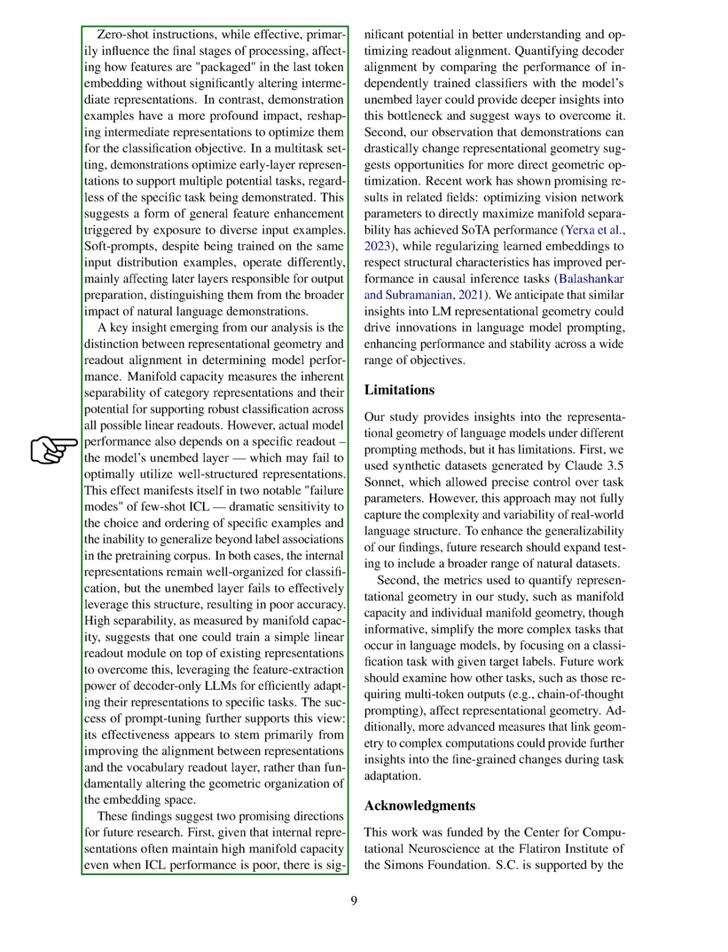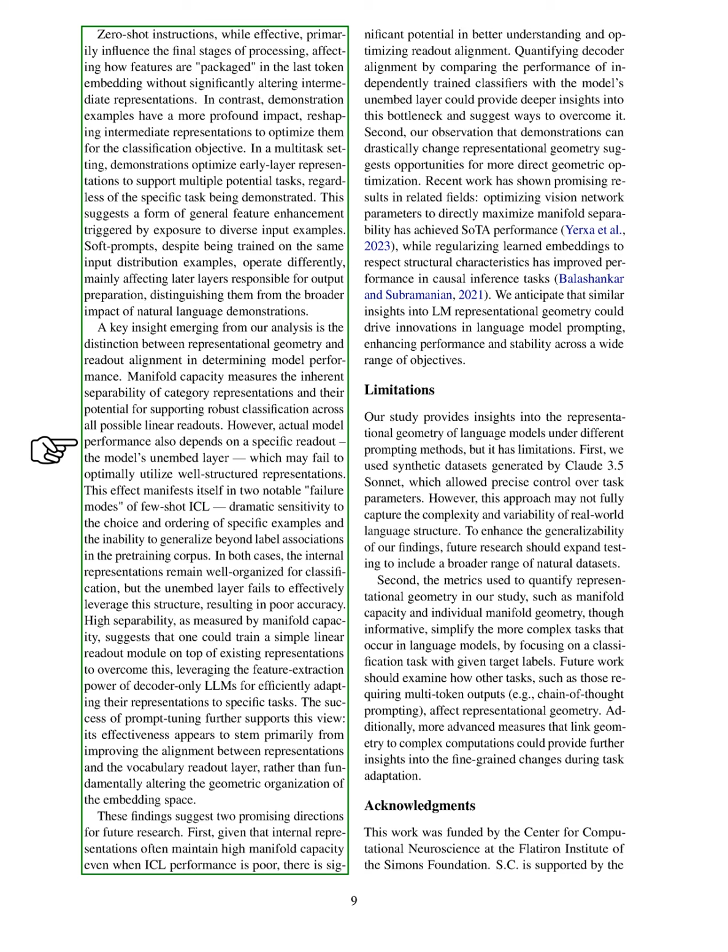Zero-shot instructions mainly influence the final processing stages, while demonstrations reshape intermediate representations to optimize for classification. In multitask settings, demonstrations enhance early layer representations for multiple tasks, suggesting a general feature enhancement from diverse input examples. Soft prompts, while trained on the same examples, mainly affect later layers responsible for output preparation.